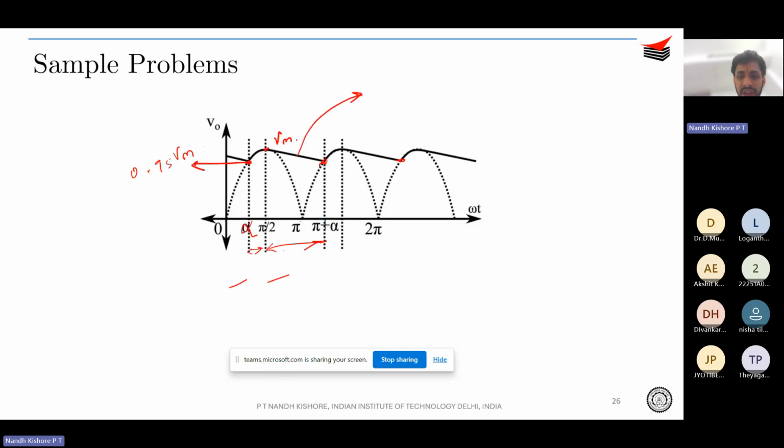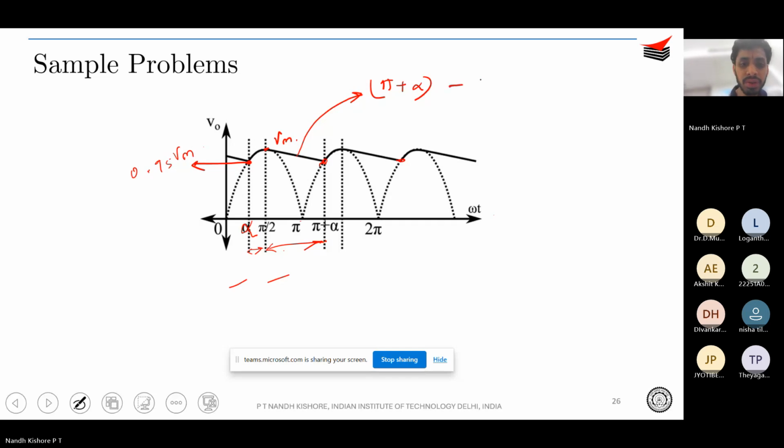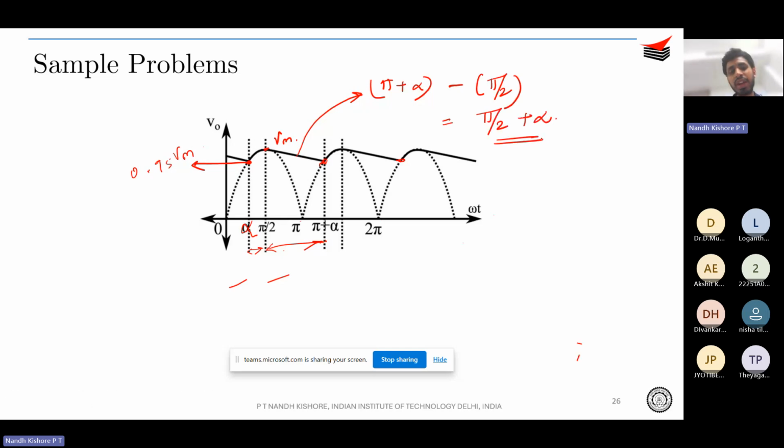From the figure itself, it is evident that the discharging period is between pi by 2 and pi plus alpha, correct? So the discharging period will be pi by 2 plus alpha. We just need to find out what this alpha is, and that's it. Our answer will be done.